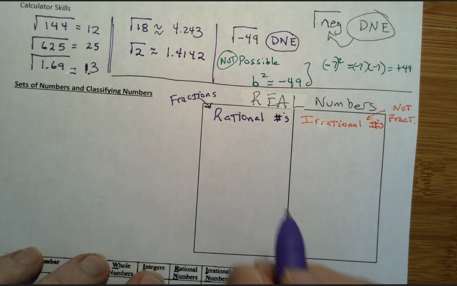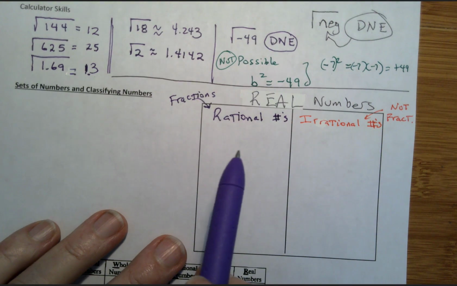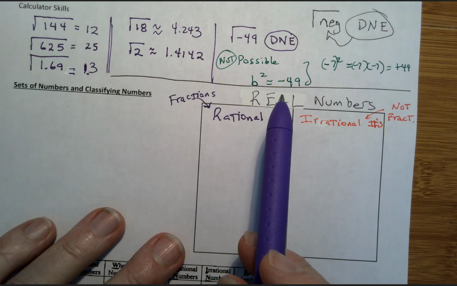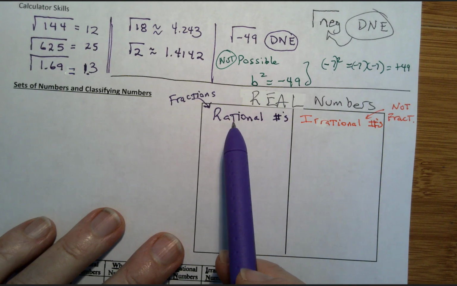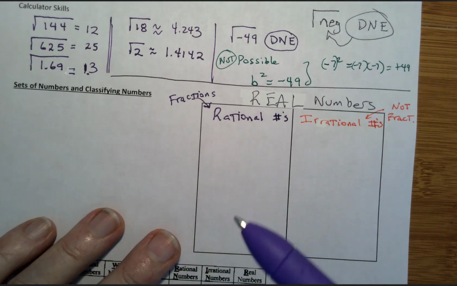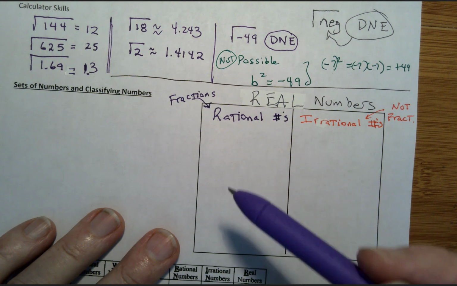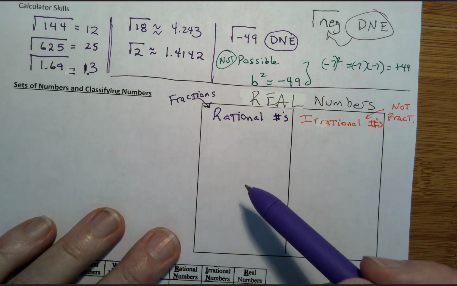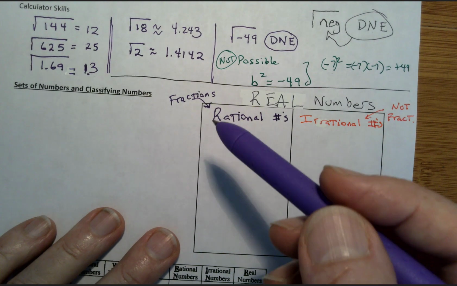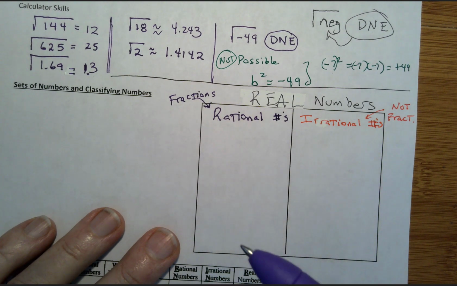Now I want to concentrate on this rational group, because if we break down the real numbers, like all animals, into mammals, the mammals break down into other groups, like dogs. And the dogs break down into other groups, like hunting dogs and pets. And those break down into like poodles and chihuahuas.